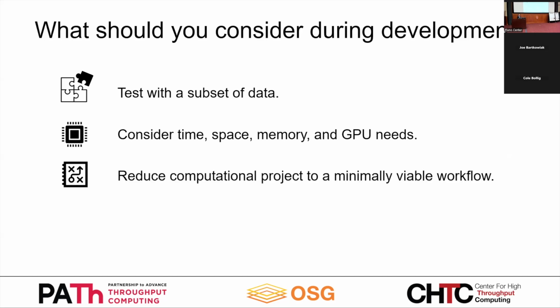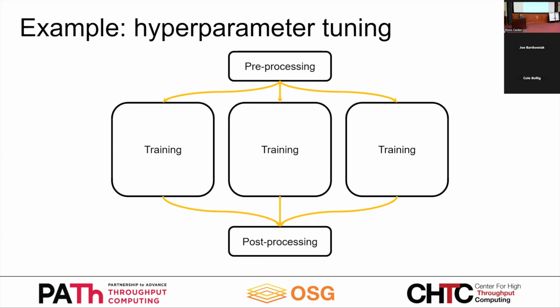We also want you to reduce your computational project into this minimally viable workflow. What I mean by that is, for example, if you're doing some sort of hyperparameter tuning and doing lots of different trainings, you might have a workflow that looks like this.